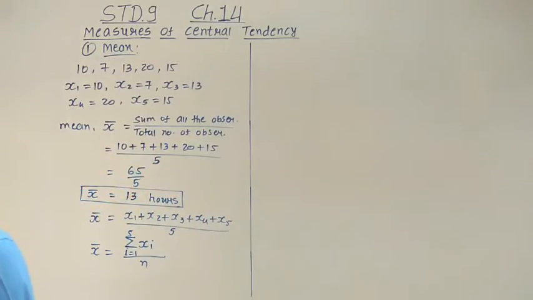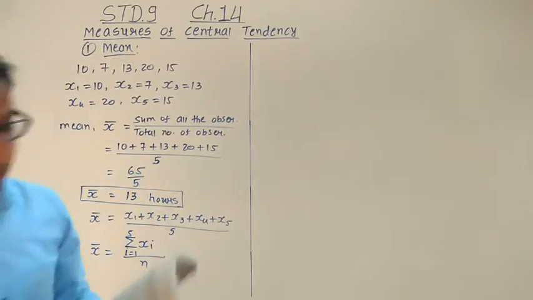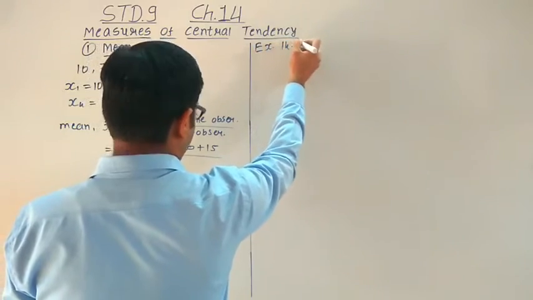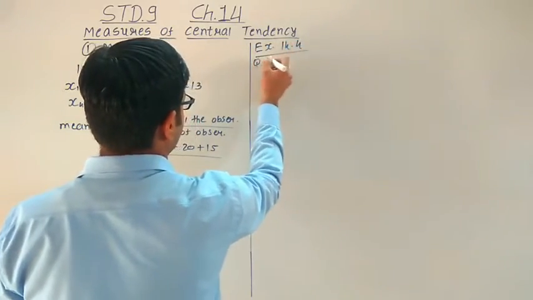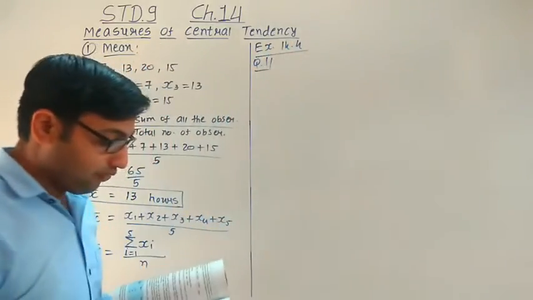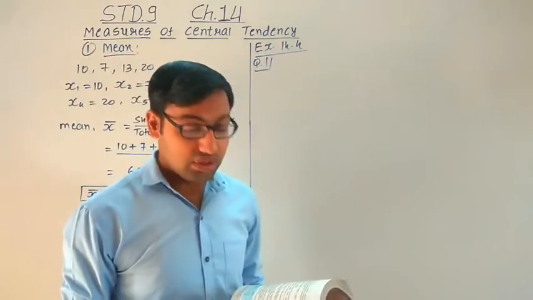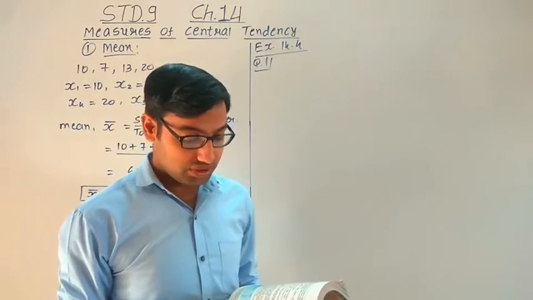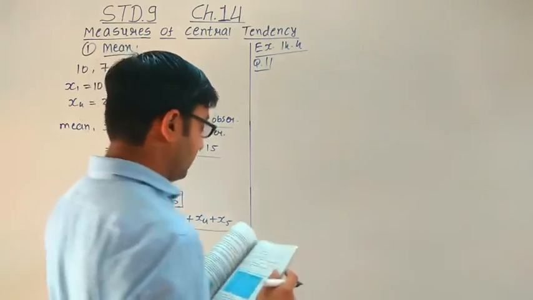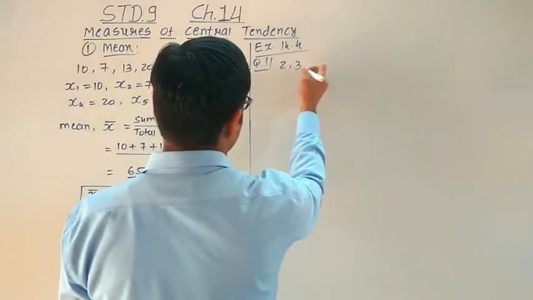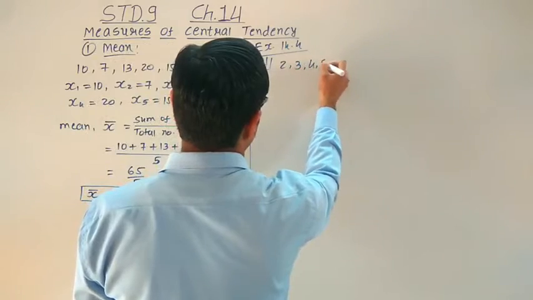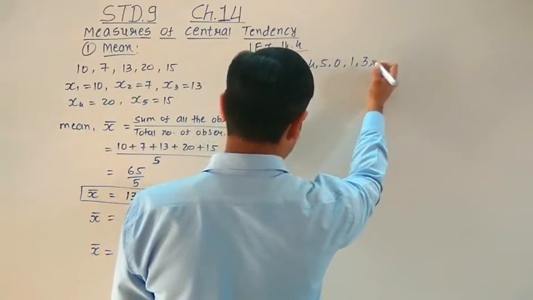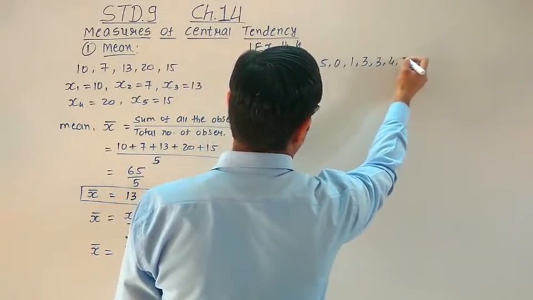Now let us take one of the examples of the exercise 14.4, question number 1. Here it is given that the following number of goals were scored by a team in a series of 10 matches: 2, 3, 4, 5, 0, 1, 3, 3, 4, and 3.